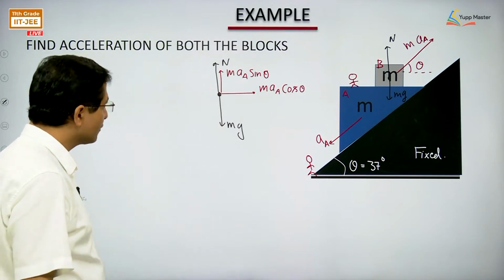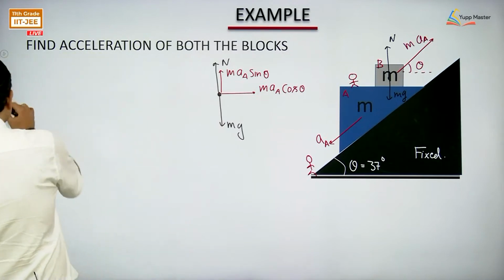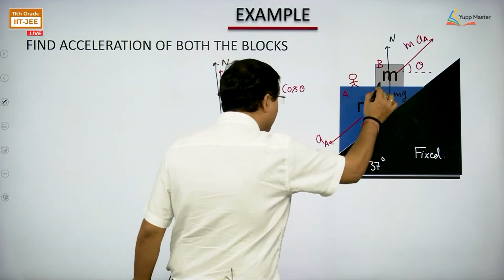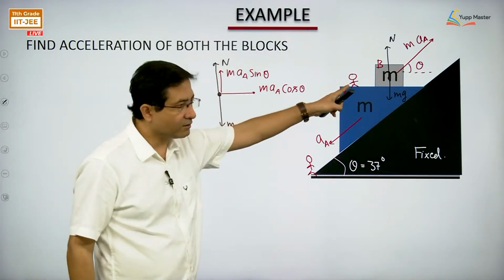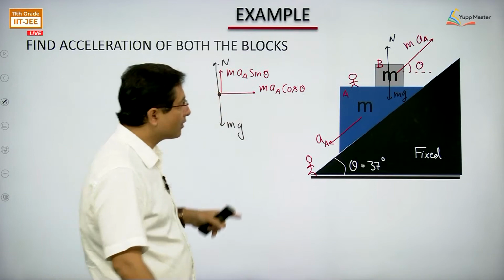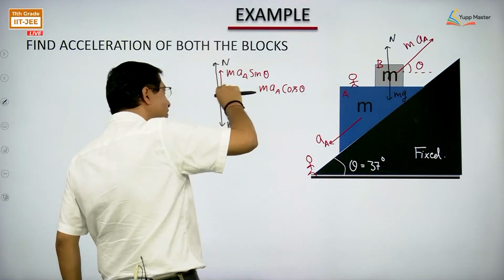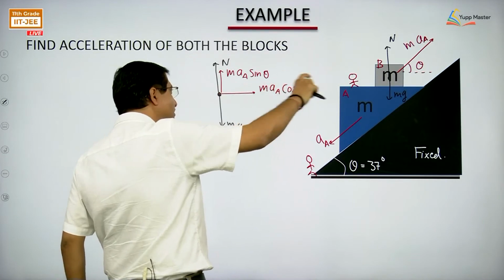Okay. So let's first write the equation for block B. Now this observer observes that this block is having unbalanced force in this direction, due to which this block will move.